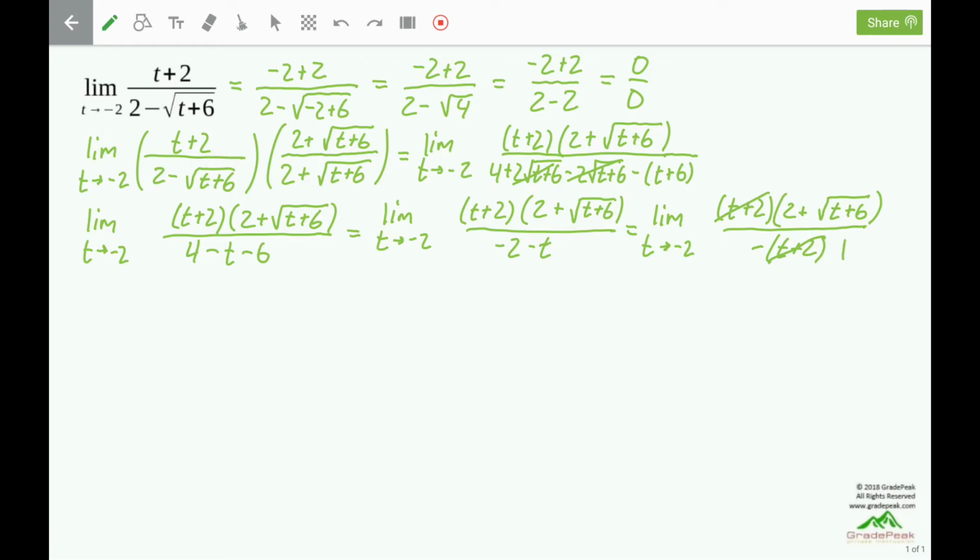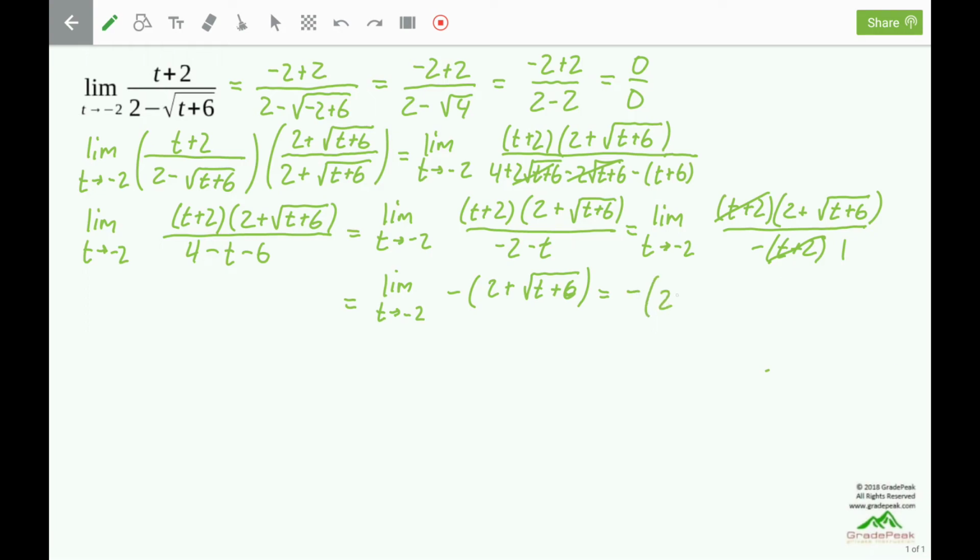In the denominator, we now have a -1. Dividing by -1 is equivalent to multiplying by -1. So that -1 can move to the numerator. And we can write it as negative of the quantity of 2 plus the square root of t plus 6. We should no longer have 0 over 0, so we should be able to plug a -2 in for the t now.